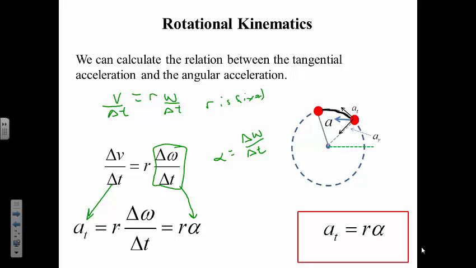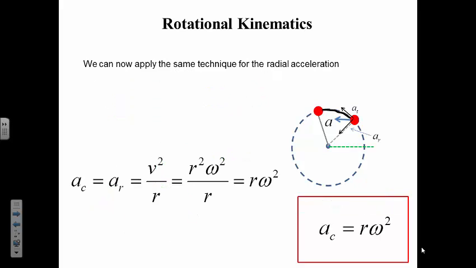So we get a relationship between this linear piece and the angular piece, and they're related through r yet again. That's because as you're rotating this piece, the tangent acceleration has to be larger the further out you go, because you're maintaining that rotation rate.